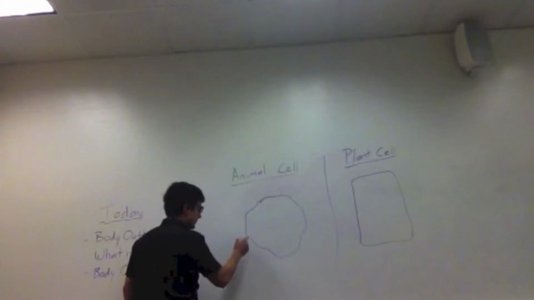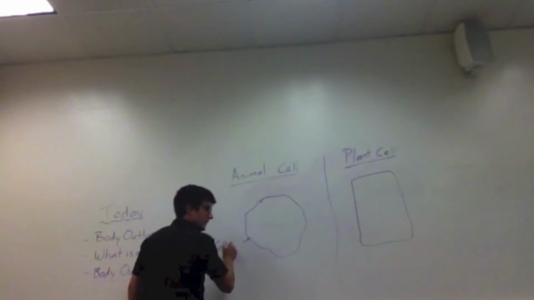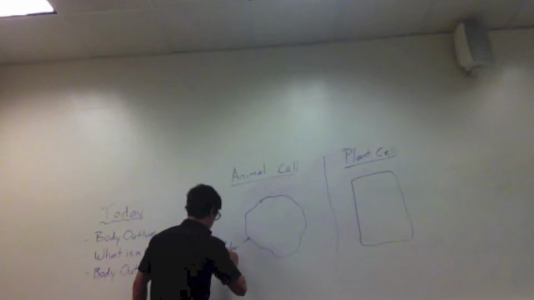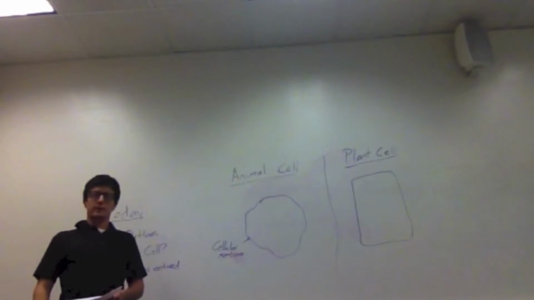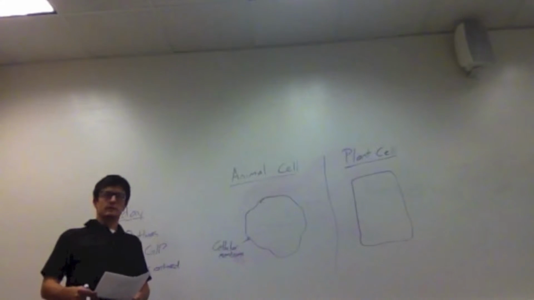Animal cell, the outer layer is made up of a cellular membrane. Now, what might be the purpose of a cellular membrane? Hold stuff in, keep stuff out.